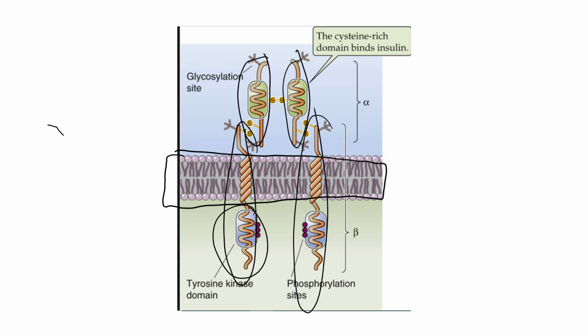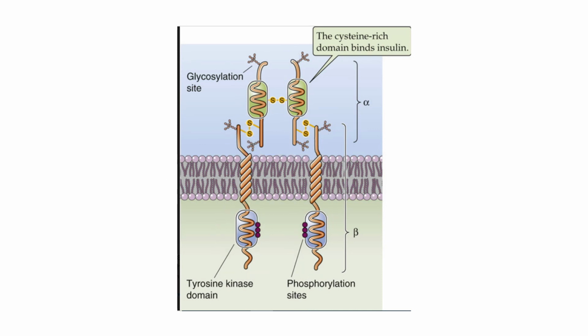Here would be the intracellular side, meaning that they exist to a degree in the cytosol. They exist in the plasma membrane, and they also exist to a degree in the extracellular or interstitial fluid. So the four major proteins of an insulin receptor are the two alpha subunits and the two beta subunits.